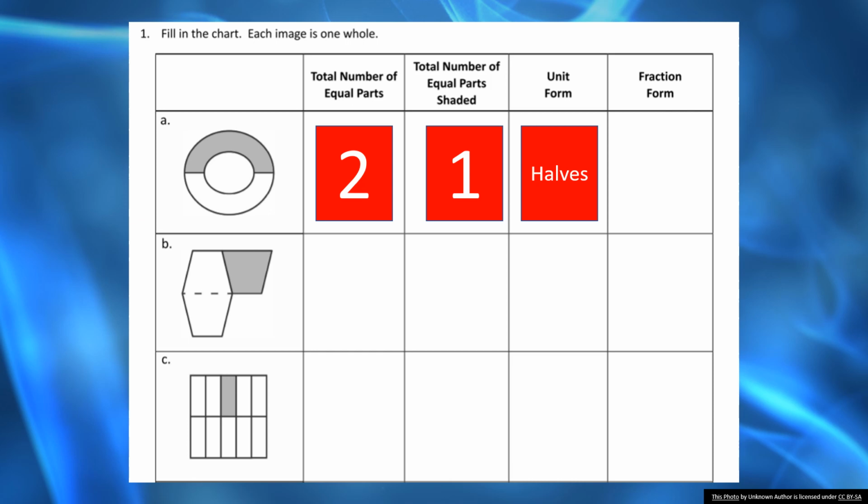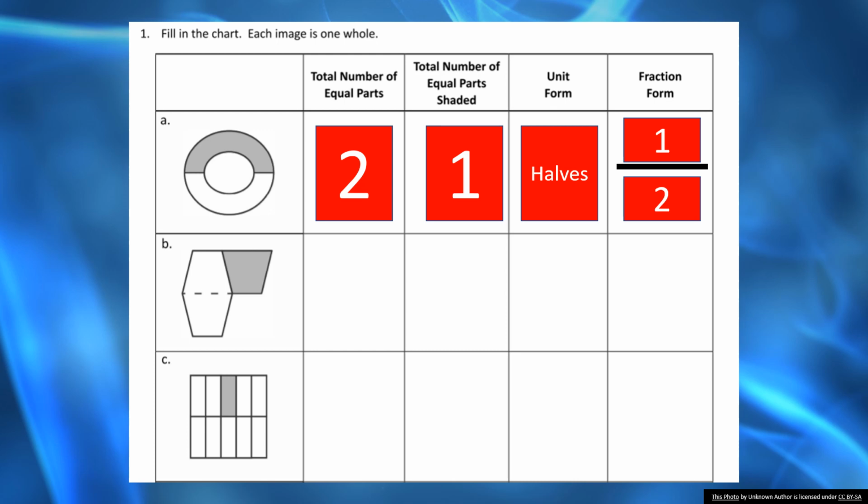Now, what's the fraction form of what's shaded? So we have 1 out of 2 pieces that are shaded. So the fraction form is 1/2 because we have 1 out of 2 pieces that are shaded.